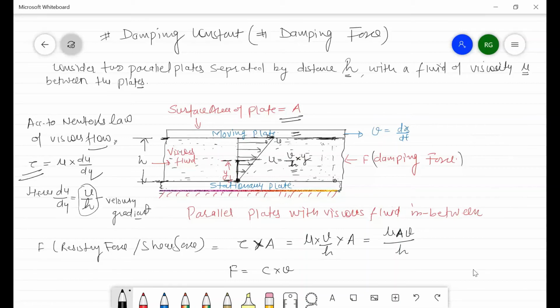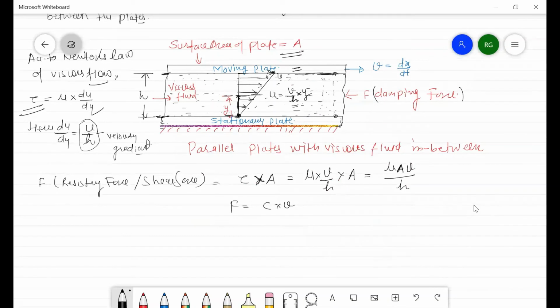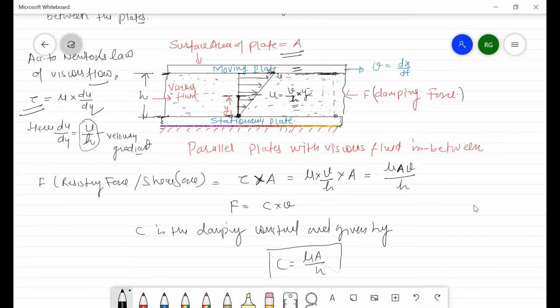So here C is the damping coefficient, the damping constant, given by C is equal to mu A by h, right? So this is the damping constant C. And the resisting force because of the viscosity of the fluid, F, is given as C multiplied by v. So from here we can write C is equal to F over v.